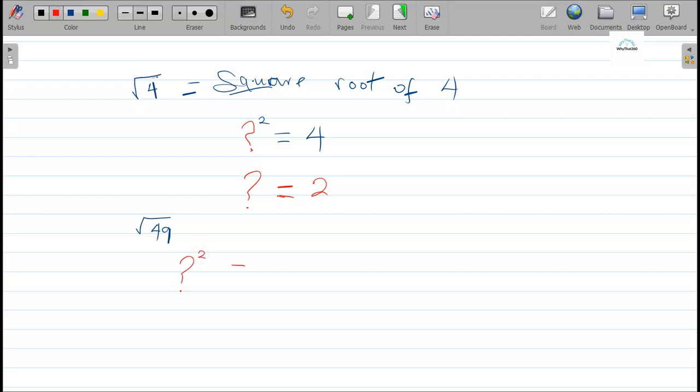When we square it, we are going to get 49. Okay, there is a number which when we square it, we should get 49, like this. And then we go ahead and say that the question mark will be equal to probably 7, because 7 squared is 49.